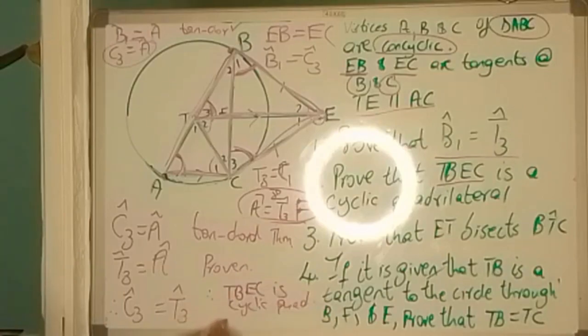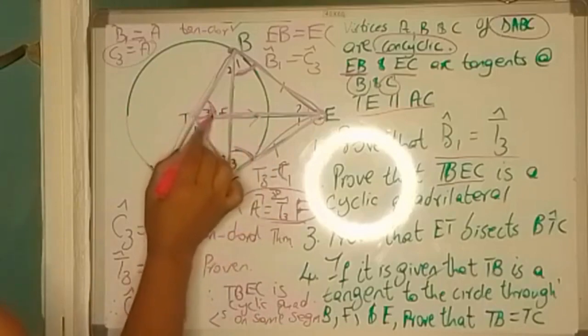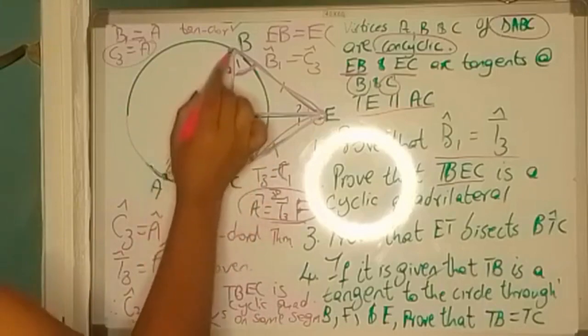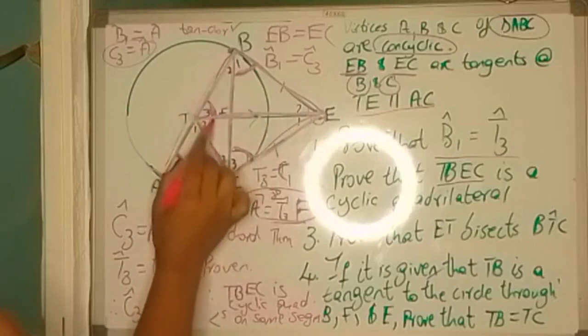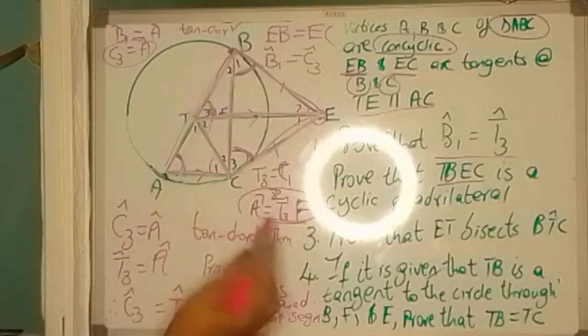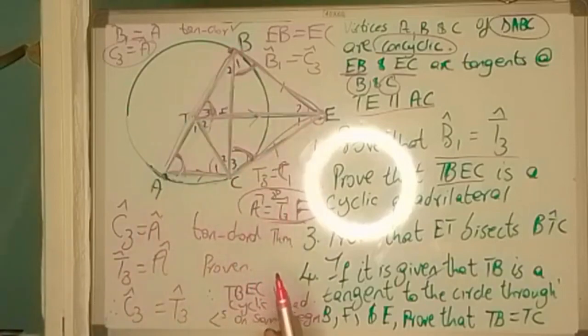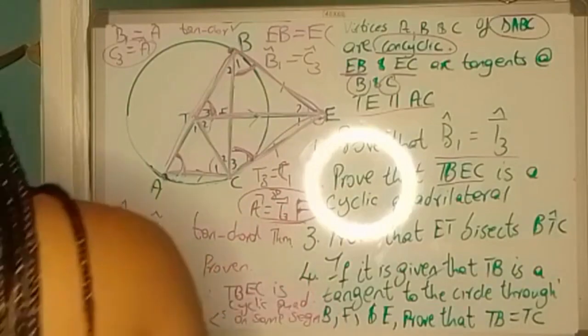What would be our reason? Angles on the same segment. Alright, so we are happy with that. We proved that this angle is equal to that angle, and we notice that it's creating a bow tie. Both of them are subtended by BE. Then that easily proves BECT to be a cyclic quadrilateral.